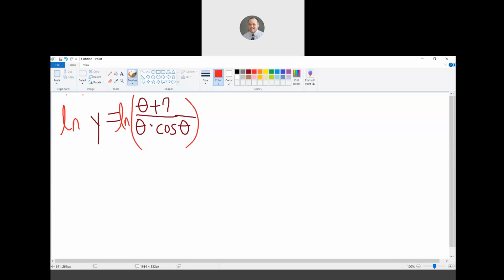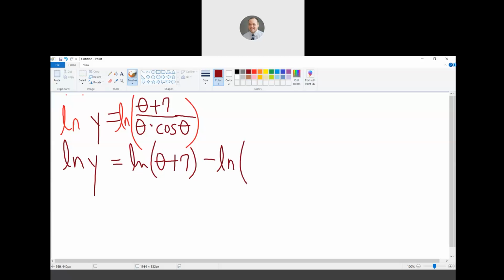Quotient rule means you break this down into subtraction. So we have natural log y equal to natural log of theta plus 7 minus natural log of theta times cosine theta.